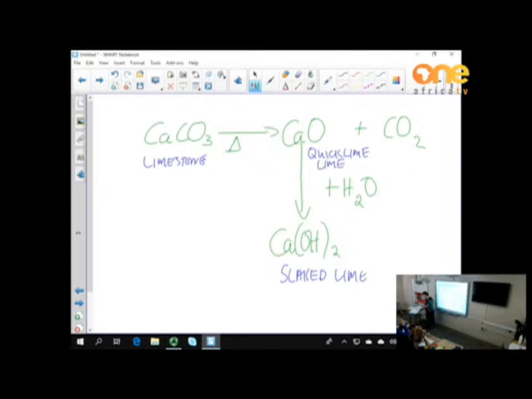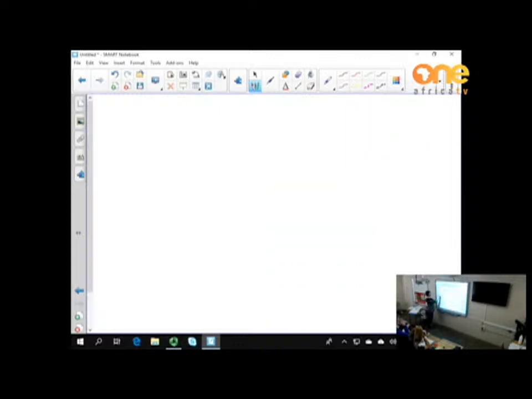They say the main use nowadays for limestone is to make cement. Now, how do we make cement? Limestone, calcium carbonate, is heated with clay. Clay consists of calcium and aluminium silicate.